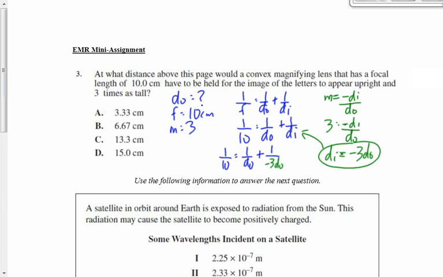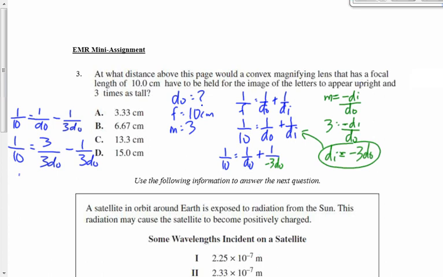Let's take it over here just to make some more space. 1 over 10 is equal to 1 over DO subtract 1 over 3 DO. Okay, same thing, right? Same deal there. 1 over 10 is equal to 3 over 3 DO. Think about that. 3 over 3 is the same as 1 over 1, right? 3 over 3 DO minus 1 over 3 DO.